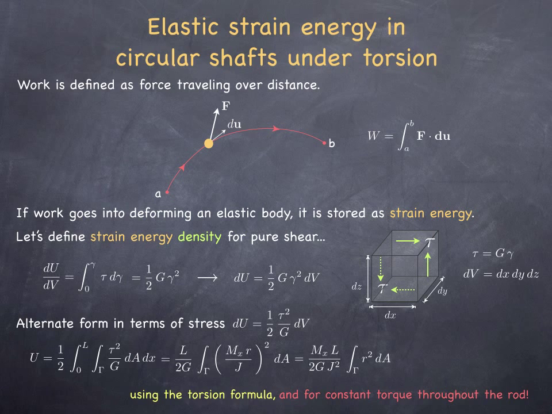Then we will end up with (Mx) squared times L over 2GJ squared times the integral of r squared dA over the cross section, which itself is nothing other than J. So therefore, it is merely a half of Mx squared L over GJ, or you can write it as torque squared L over 2GJ if it's just an end-loaded shaft. So this is a formula that looks analogous to what we have obtained for the axial problem. Of course, if your problem is more complex than a merely end-loaded shaft, the final formula that we're obtaining here is not valid.